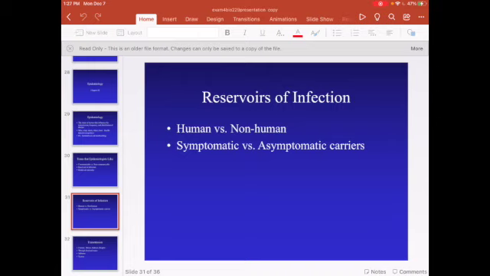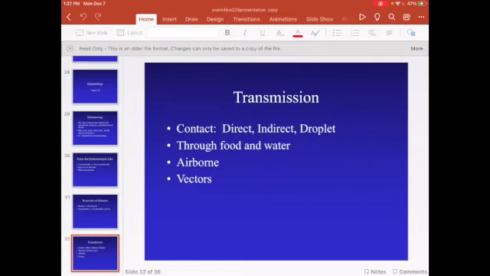Well, they may have caught it in the interim, are not showing symptoms, go to Thanksgiving dinner and get everybody infected, or go to a party, or eat indoors at a restaurant, have their mask on there, and because of the airflow inside the building, manage to infect somebody else. So asymptomatic carriers are a huge concern with a lot of diseases, especially ones that are airborne or through droplets. So let's talk about transmission.